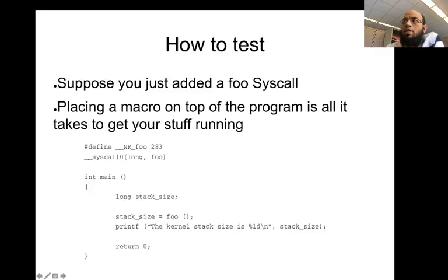This will define your system call, and this will test your system call. You have C code where you have int main and long stack_size equals foo. This is you importing your syscall, and this is you testing your syscall.